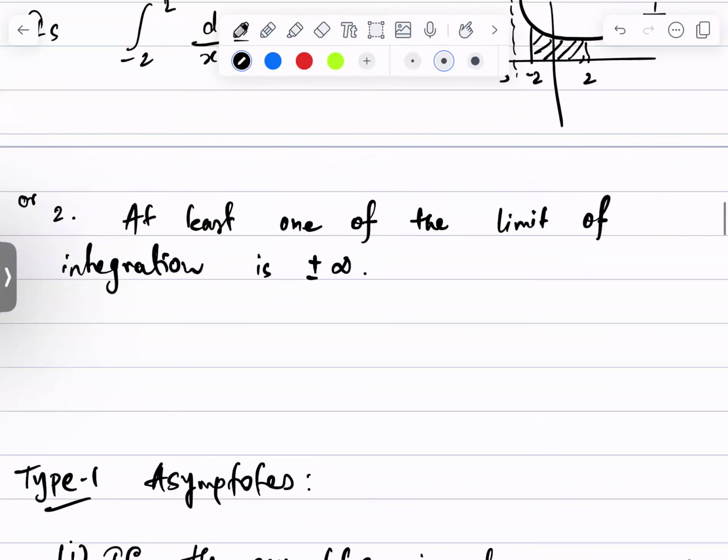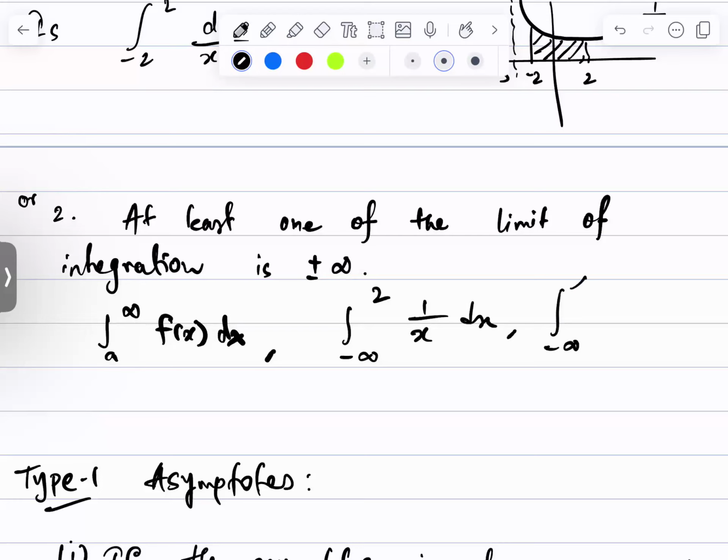And for the second type, if you see in the integration that one of the limits of integration contains plus or minus infinity. So for example, a to infinity f(x) dx, or say minus infinity to 1, 1 over x dx, something like this, or like minus infinity to infinity, 1 over x plus 2 dx, something like this.